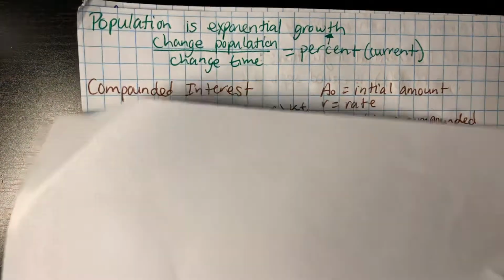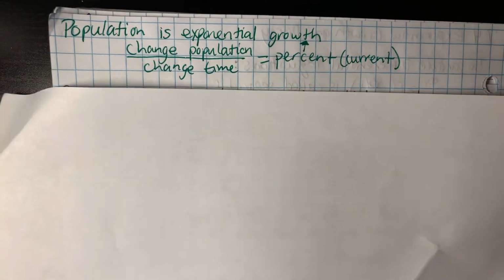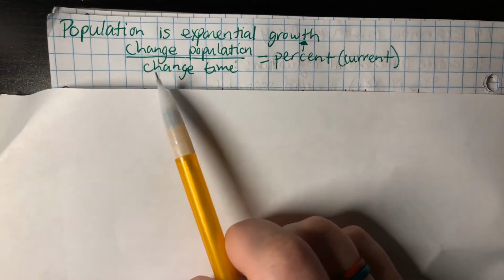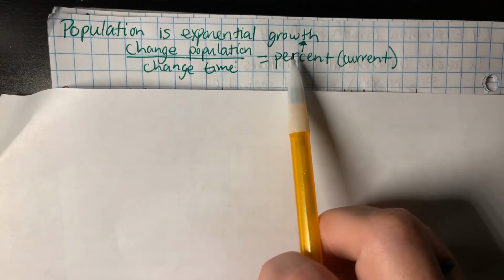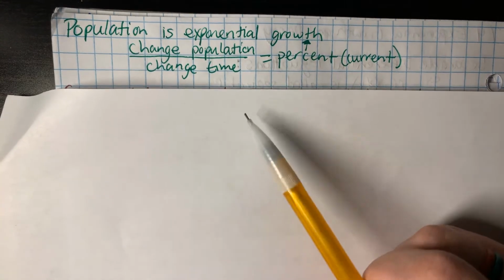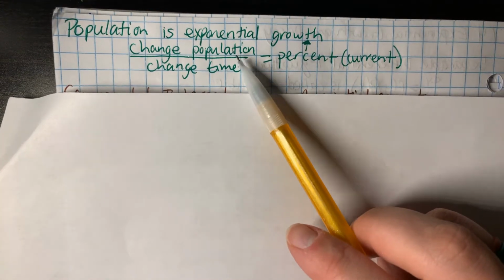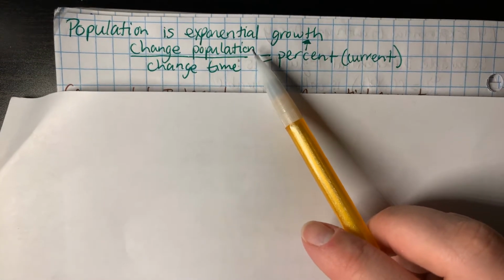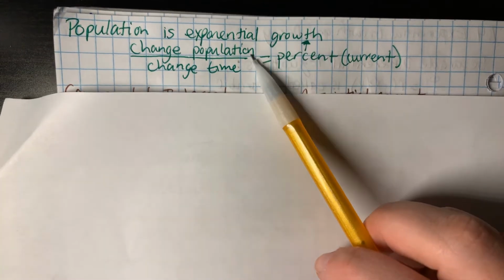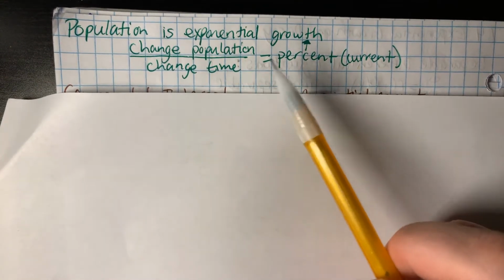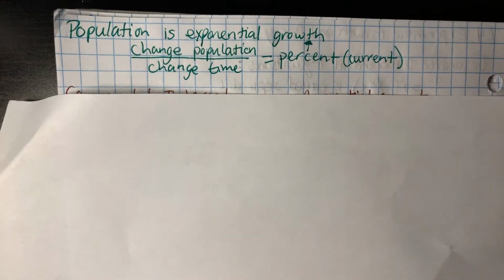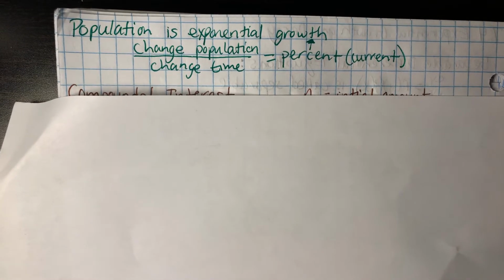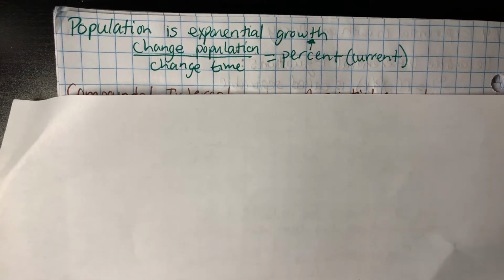So another note for you is that population is exponential growth because we're talking about growing. Okay. Something that might pop up, just kind of a heads up: change of population over change of time equals the percent growth of our current. So just kind of a thought to tuck away for you.